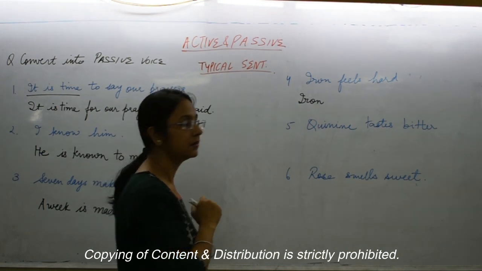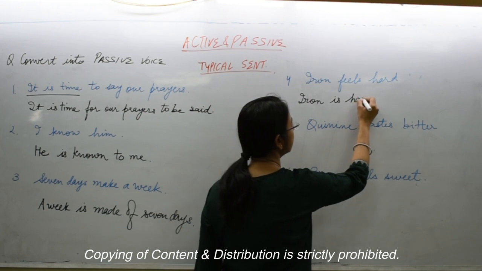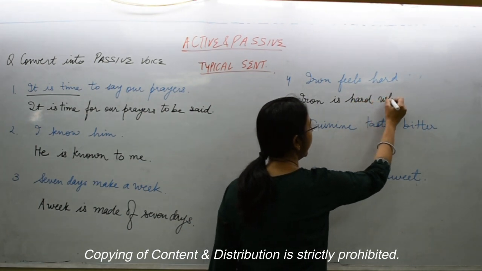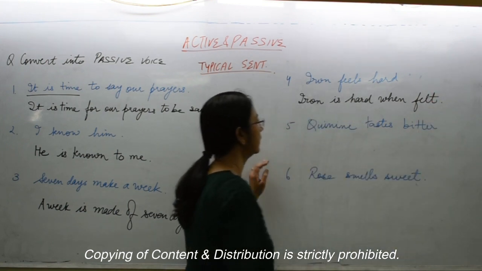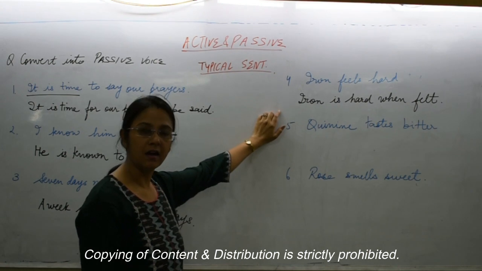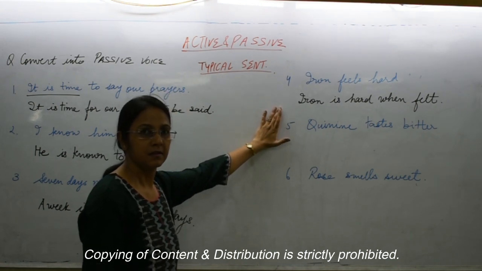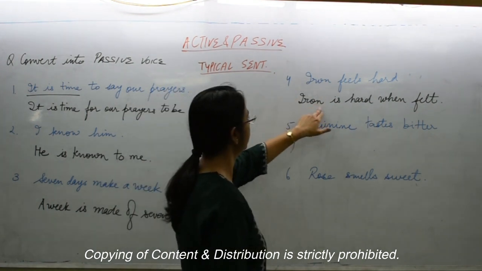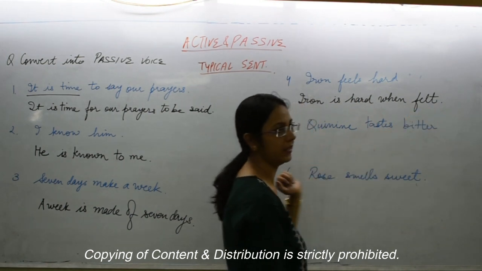Iron is hard when felt. Iron is hard when smelt. Okay, this is how it gets converted. Iron is hard when feels becomes felt.